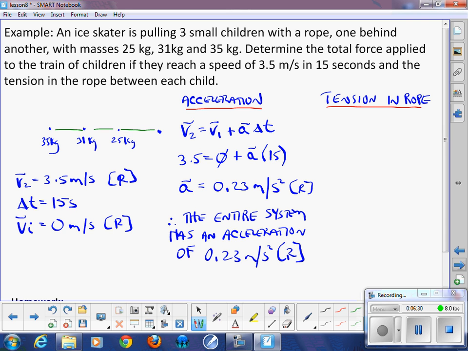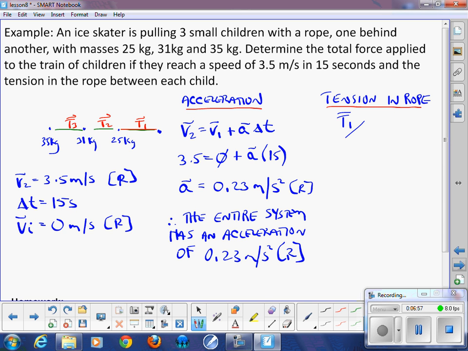So that being said, we now are looking at determining the force. The force that the person requires to move them is really the tension in rope 1. So I'm going to call that T1, T2, and T3. The tension in T1 is for the entire system.